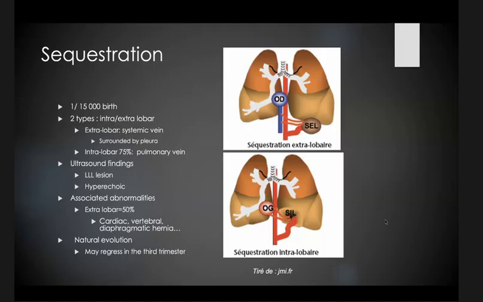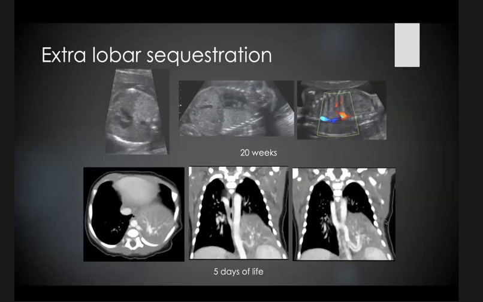There can be associated abnormalities, especially in the extralobar ones, around 50%. Cardiac, vertebral abnormalities and diaphragmatic hernias can be associated with sequestration, and they may regress in the third trimester. Here is an example of an extralobar sequestration.